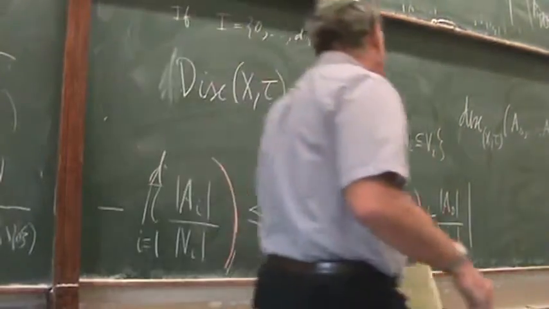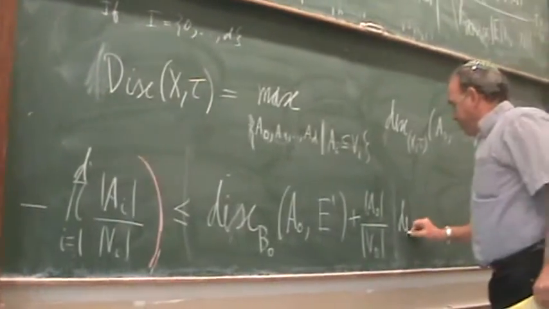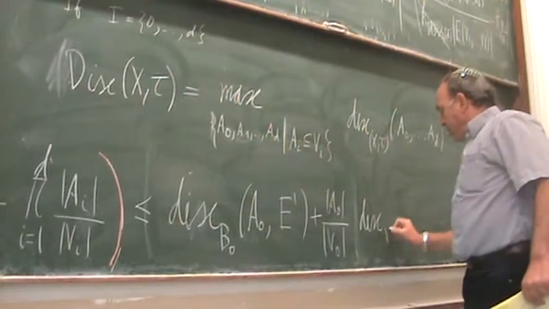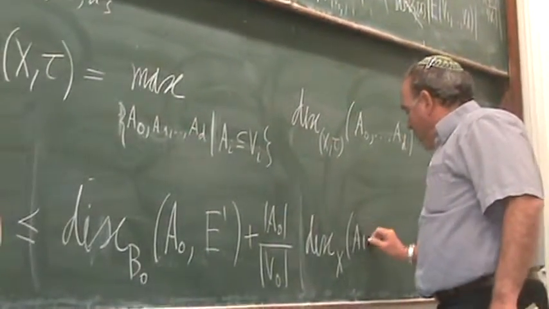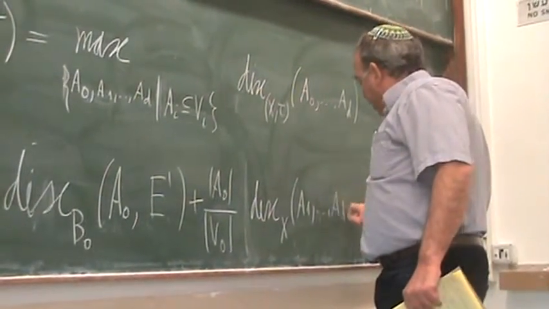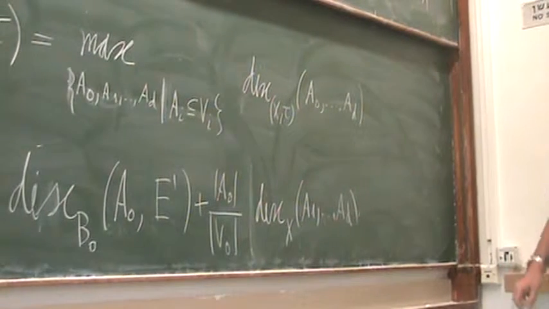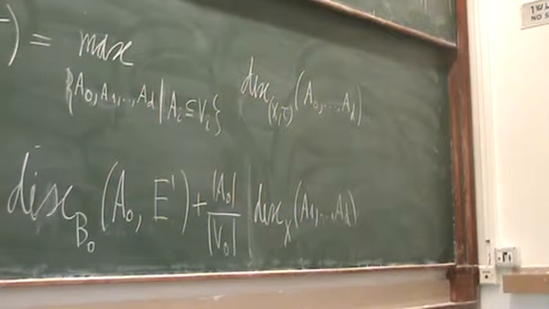So this is exactly the discrepancy in X of A1 up to AD without A0. Okay?